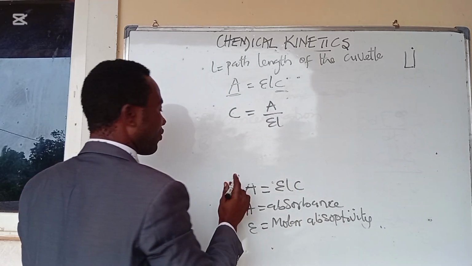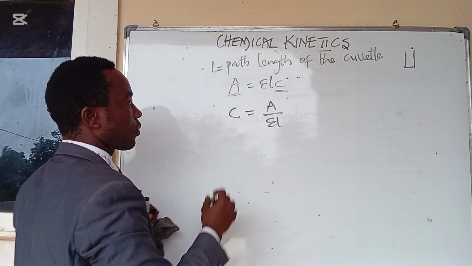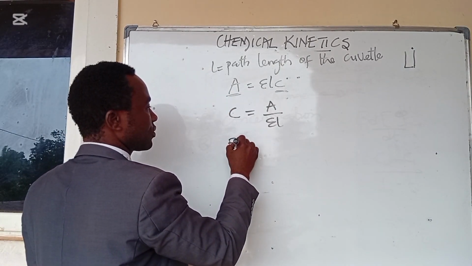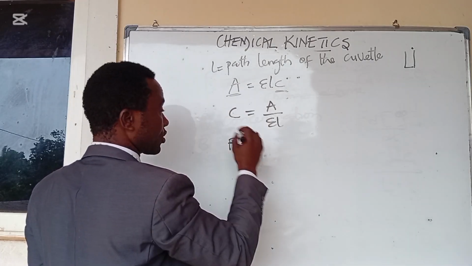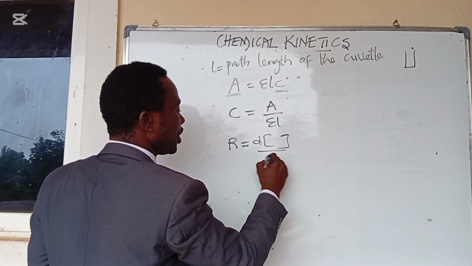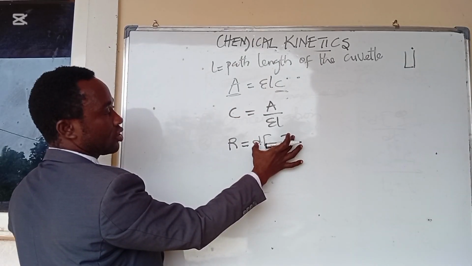If you want to calculate the rate of reaction, we know that the rate of reaction is equal to change in concentration divided by change in time.